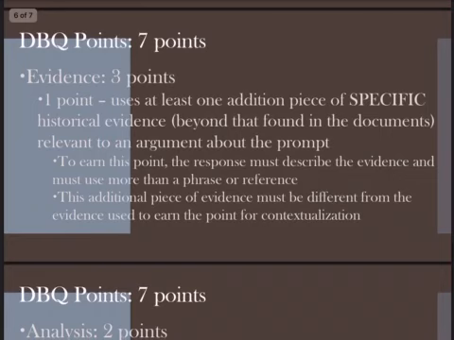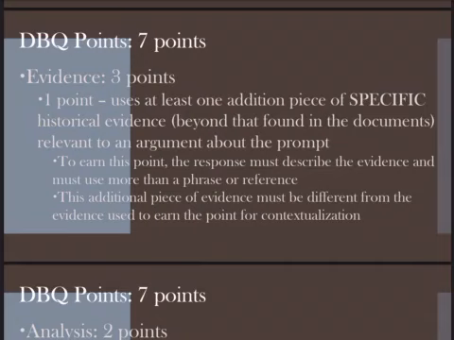All right, and the third point of the evidence category is where you use at least one additional piece of specific historical evidence. And that must be information that's beyond what's in the documents. And it must be relevant to the argument about the prompt. And in order to earn this point, the response must describe the evidence and must use more than just a phrase or a reference.